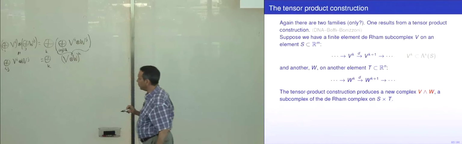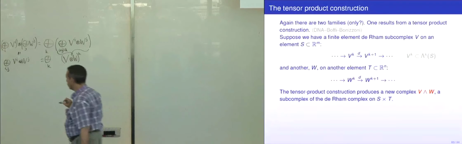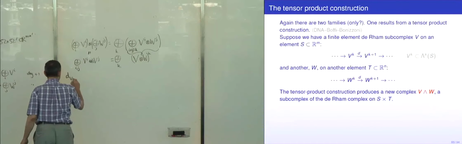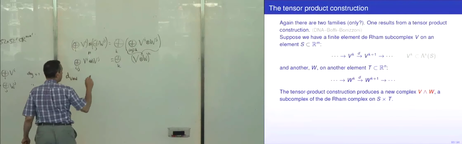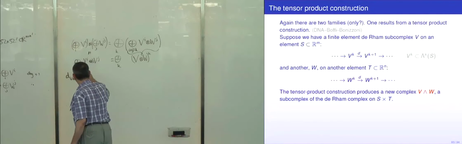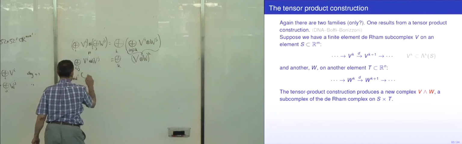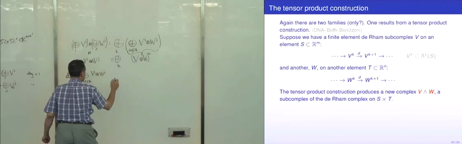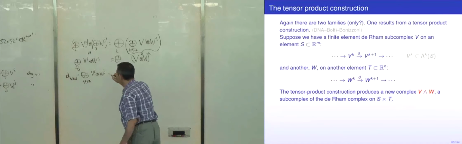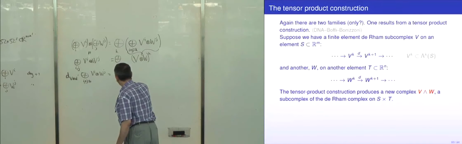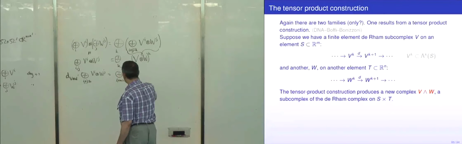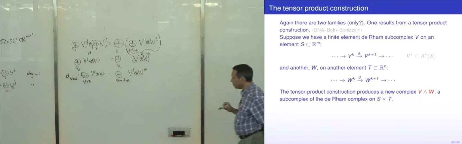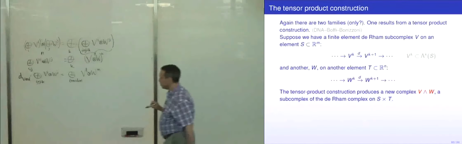And then we have to define, how do you define the D operator? So what would be the D of V tensor W? That's supposed to take this guy here, the sum over i plus j equal to k of V_i tensor W_j, and get you into things where l plus m is equal to k plus 1, V_l tensor W_m. So the first thing you see is you don't do the first thing that comes to mind.